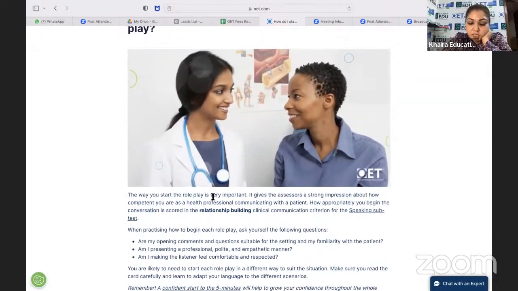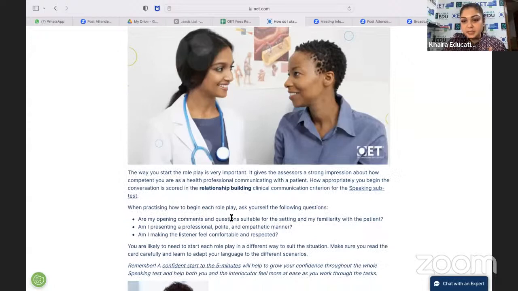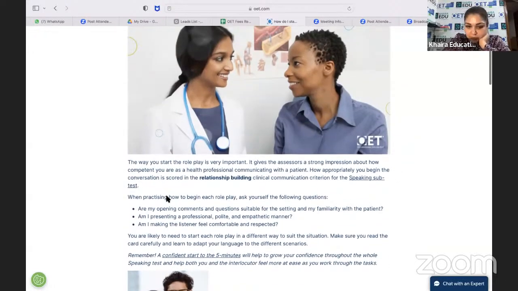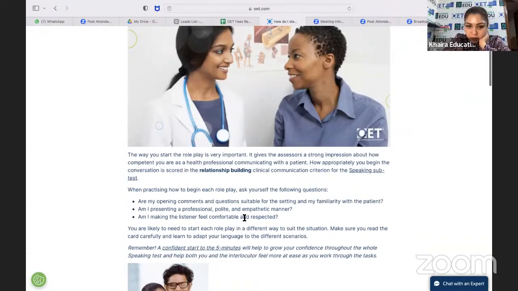Okay, so the way you start your role play is quite important. It gives the assessors a strong impression of how competent you are. And this is also covered, like I said, in the relationship building criteria of your clinical communication skills. So when you're practicing, ask yourself the following questions. Are my opening comments and questions suitable for the setting and my familiarity with the patient?